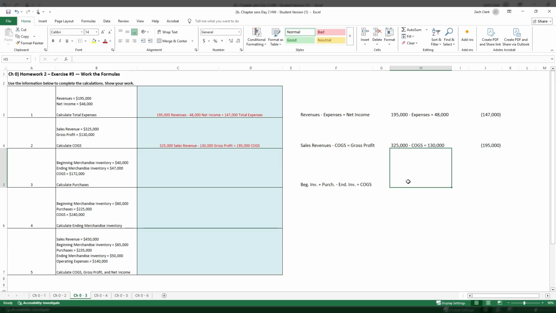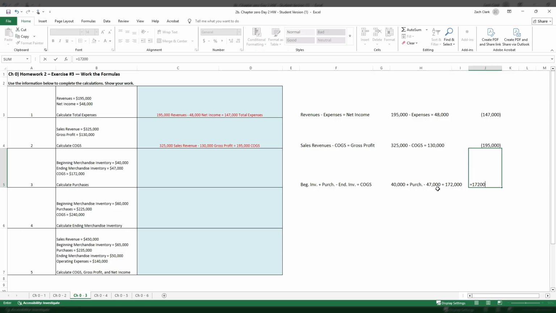So with that said, let's fill out our formula here. 40,000 plus purchases, that's what we're solving for, minus the ending inventory of 47,000 equals cost of goods sold, which is 172,000. So we have one variable to solve for, purchases, and we can do this using some algebra.